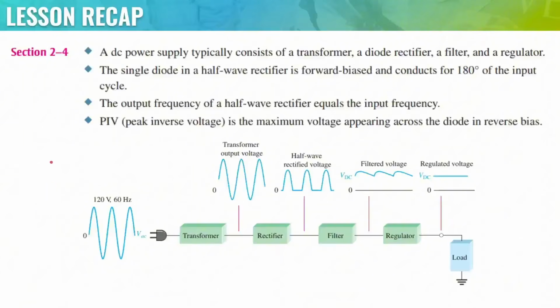A DC power supply typically consists of a transformer, a diode rectifier, a filter, and a regulator. The scope of our subject at the moment is at this part. We have the output voltage of the transformer, or the input voltage to the rectifier.